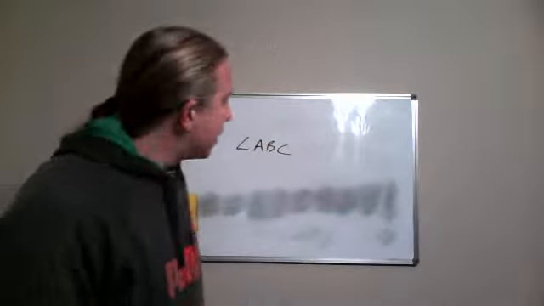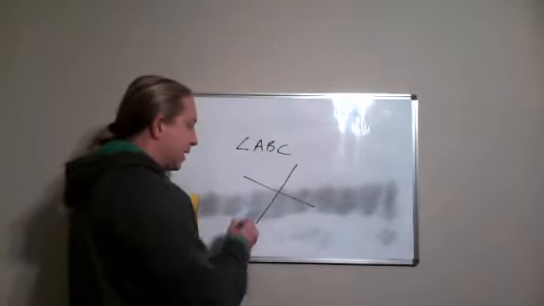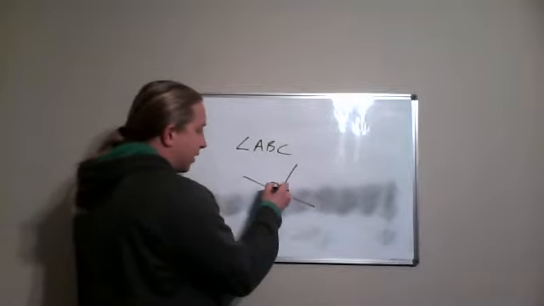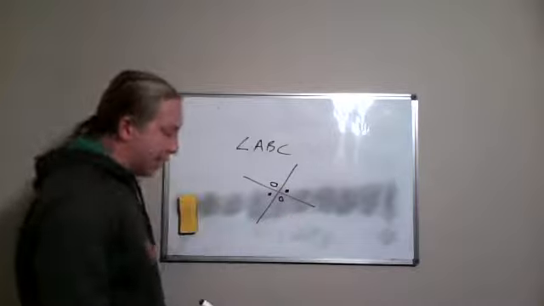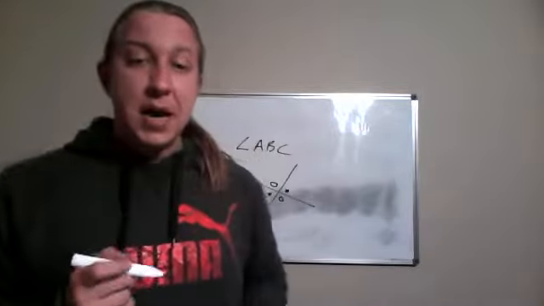When two or more lines intersect at a point, they form vertically opposite angles. Okay, guys, remember vertically opposite angles. We have two lines intersecting. This angle is the same as that angle, and this angle is the same as that angle. Why? Because they're exactly vertically opposite.